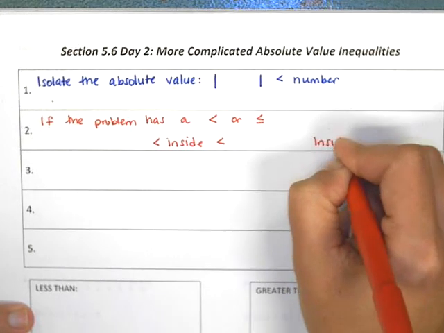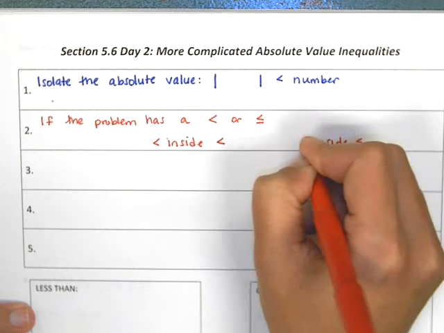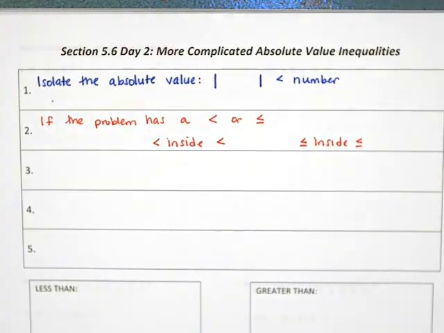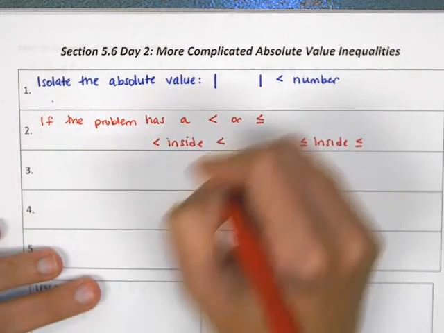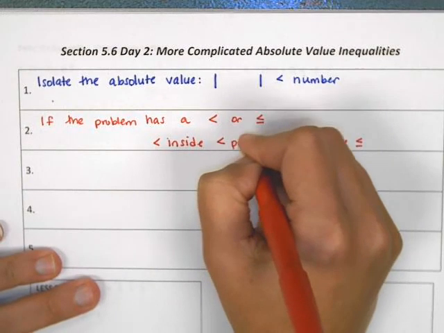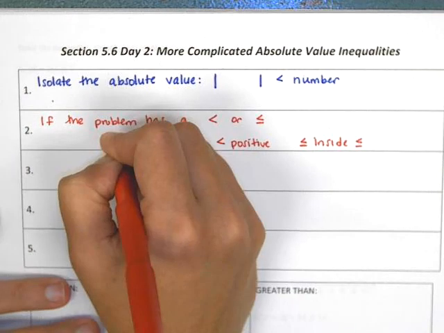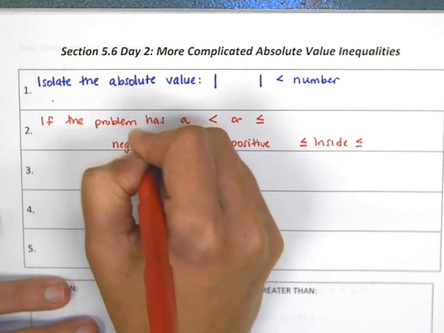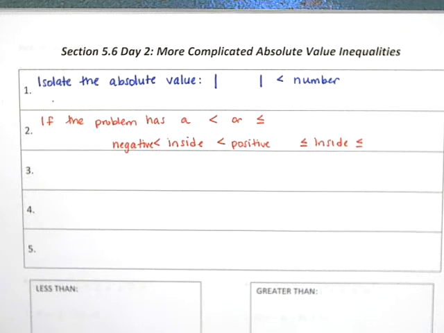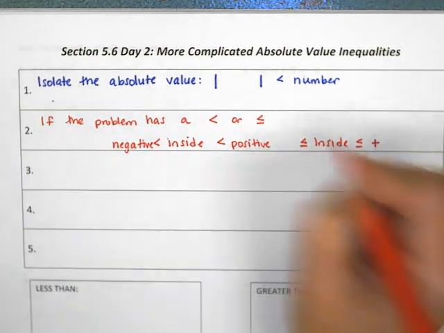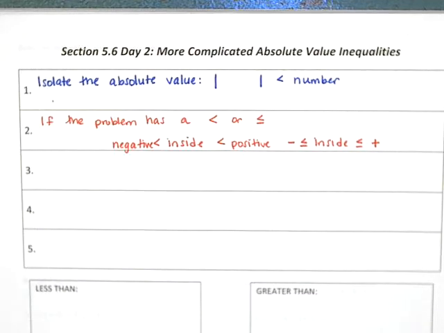And that sandwich is going to have a less than or equal to on both sides. Then you put the positive version of the number on the right side and you put the negative version of the number on the left side.